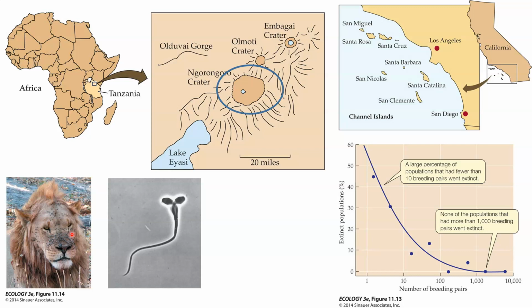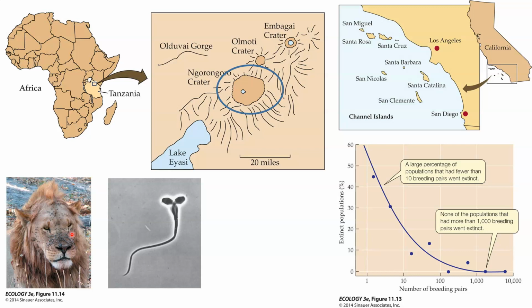So the fly infestation dramatically plummeted the population size of this Njoro lion population. The population was originally about 60 to 75 before the infestation.